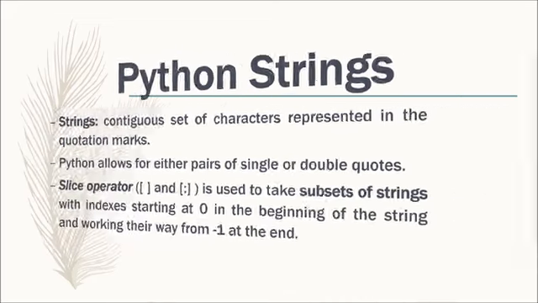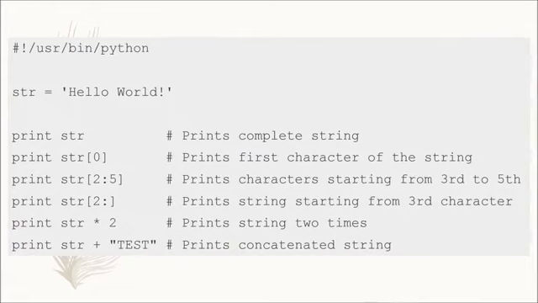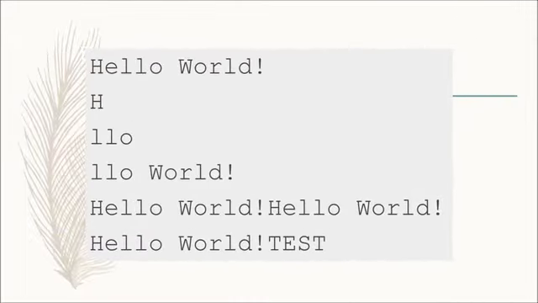This is the sample code of this string, and you could pause the video to try it on your own. This will be the output of this code: hello world, HLLO, and so on.